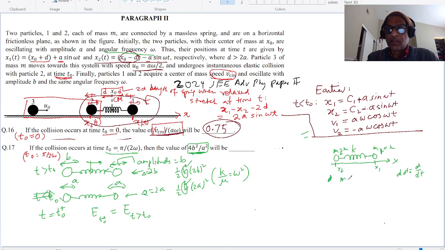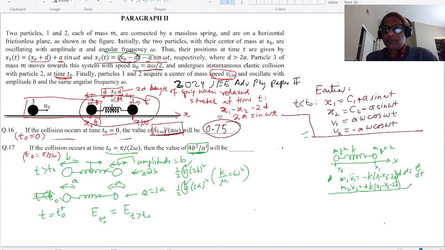So m1 x1 double dot equals to minus k times the deformation, x1 minus x2 minus 2d. That's the deformation. m2 x2 double dot will go just opposite of that, since the force applies on the other one. So minus k x1 minus x2 minus 2d.